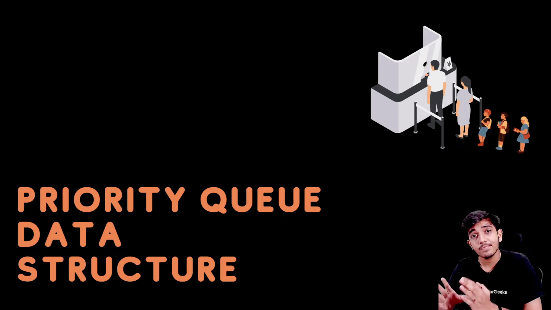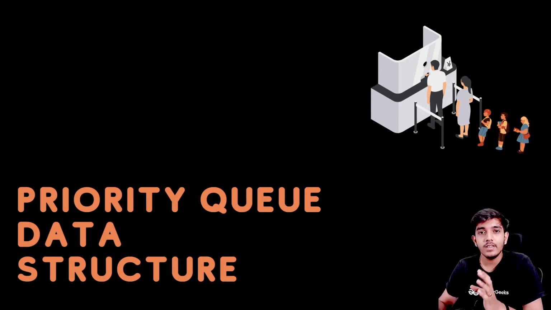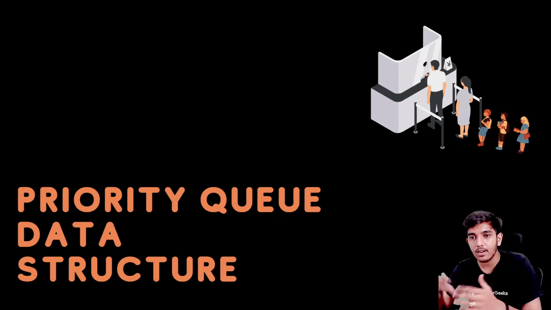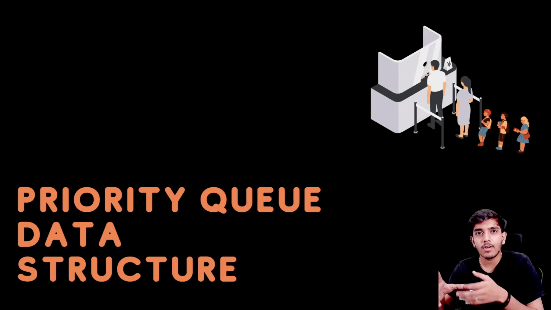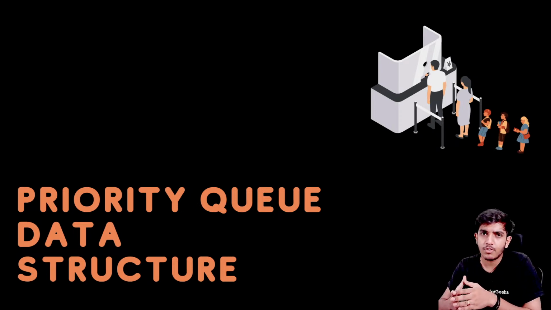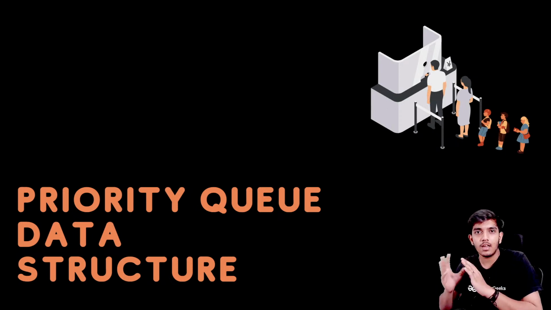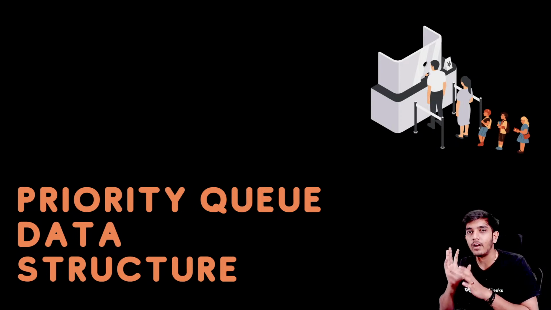As the name suggests, it will dequeue that element which is in priority. That means if you are standing in a line of 10 people, suppose I talk about hospitals, there might be different kinds of patients with different problems. But suppose somebody is about to die and they just came right now and 10 people are ahead of them.